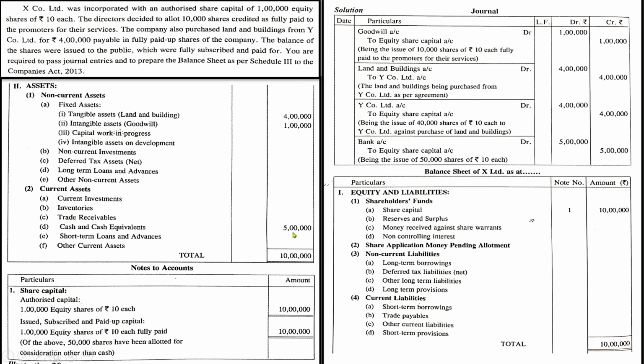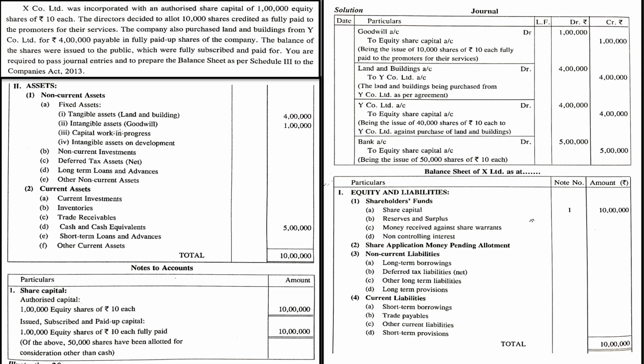So cash and cash equivalents 5 lakhs, because in the transactions, except for the three entries, there is only one entry where the company is issuing shares to the public. Issuing shares to the public means the company is raising capital in the form of cash. So cash and cash equivalents is 5 lakhs. If you add all these, you will get 10 lakhs. Now the liability side is 10 lakhs, the asset side is 10 lakhs. You have got a tally on both sides.